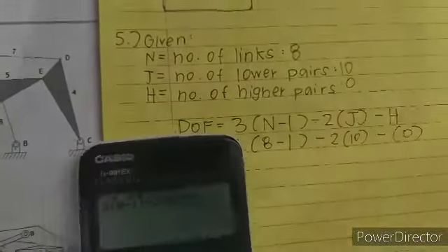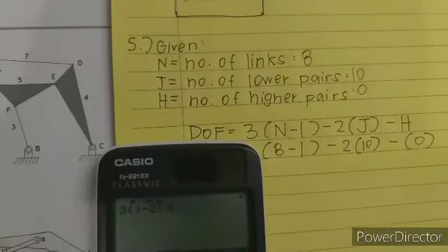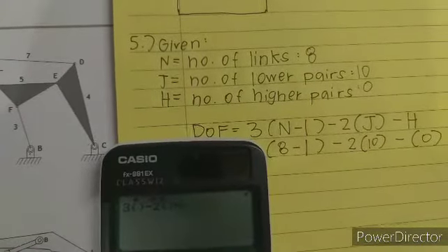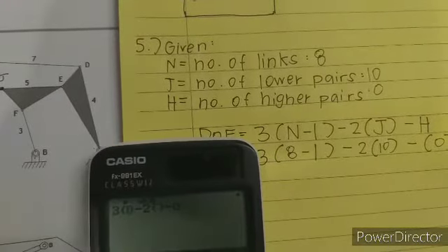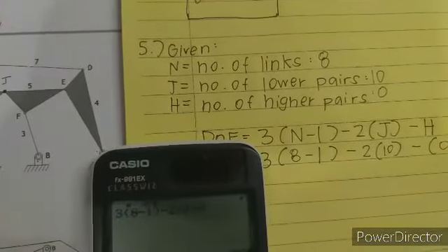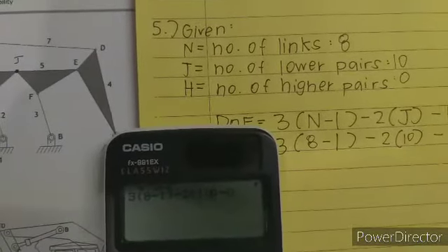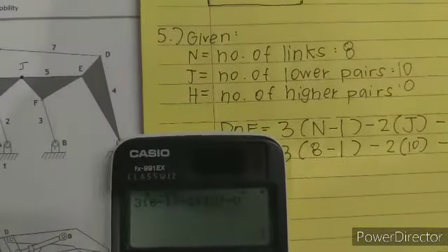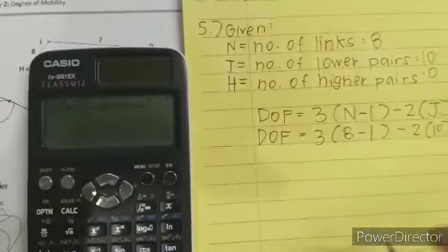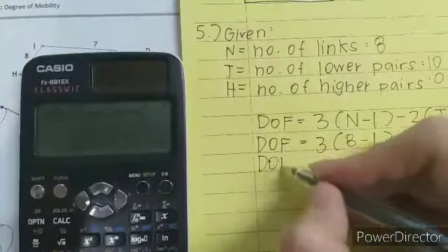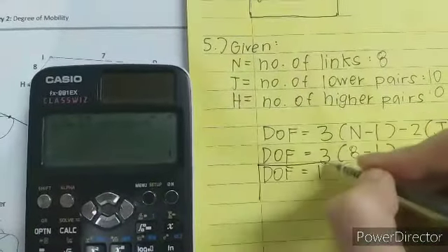Now using our calculator, zero. This would be 8 minus 1, 8 number of links. This would be 2 times 10 number of lower pairs. And now, as you can see, as calculated, the degree of freedom of this mechanism is a value of 1.